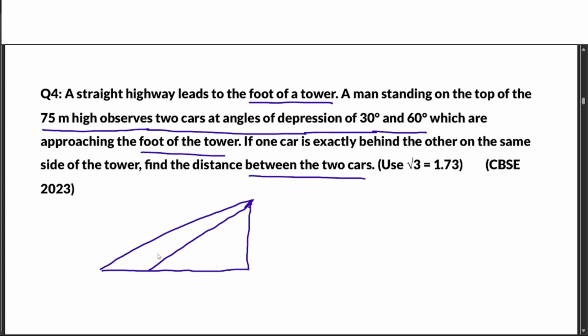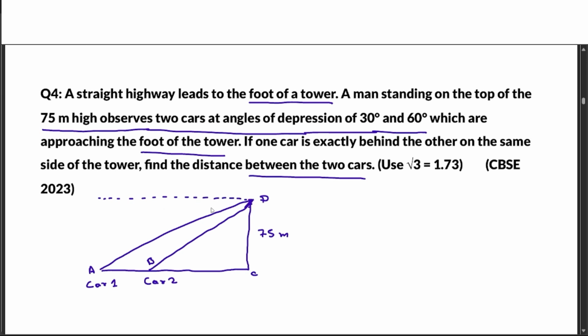Here this is car 1 at point A, this is point B, there is car 2, and this is point C and this is D, and this CD is 75 meter, that is the height of the tower. Now after that, someone is observing from here, because the angle of depression is given.